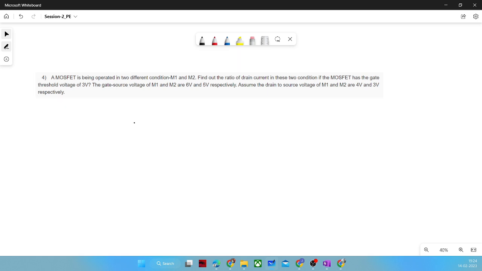So I think this is really a straightforward problem. K into (VGS minus VTH), and both values are given. Taking the ratio we can find it; K will anyhow get cancelled out. So you can easily find out the answer.